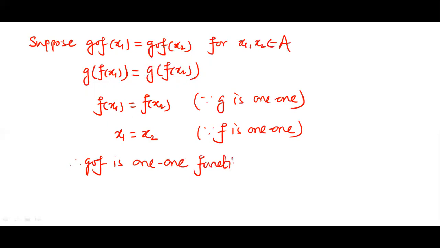Okay. Let's prove that g naught f is an onto function. Let y be any element of the codomain of g naught f.